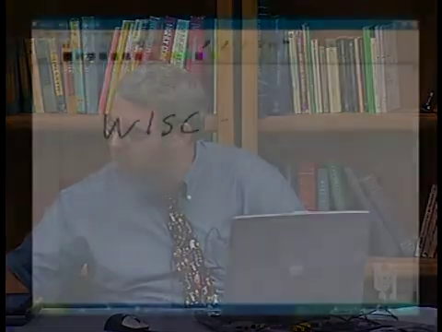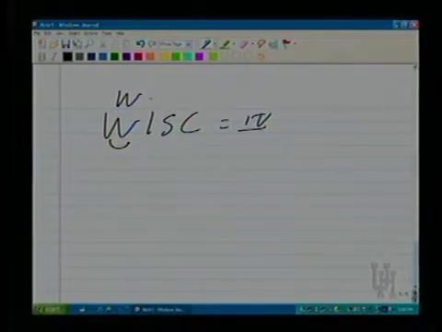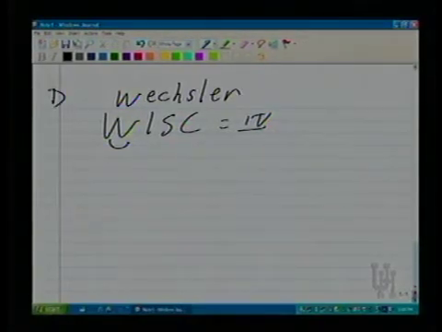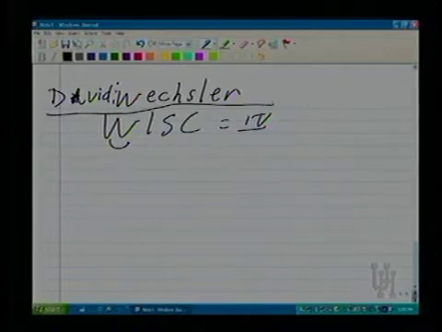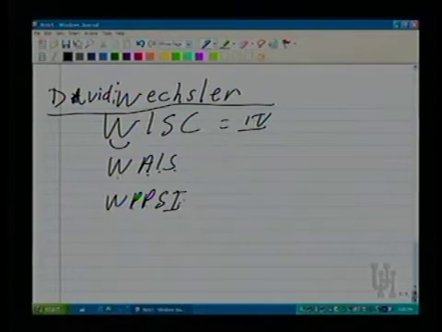We're now in the WISC 3 or 4. Here's Wechsler, David Wechsler. The Wechsler Intelligence Scale for Children, and the WAIS, the Wechsler Adult Intelligence Scale. There's even the Wechsler Preschool and Primary Scale of Intelligence. I think we're on the R or on 3, and these have been revised several times.